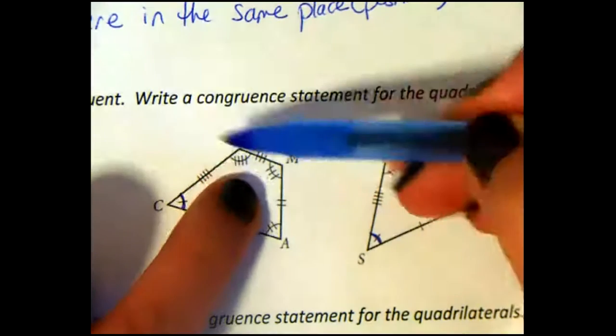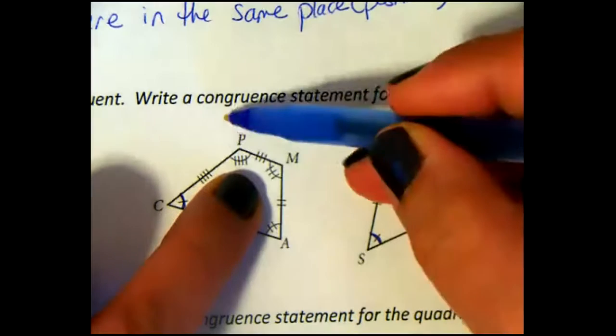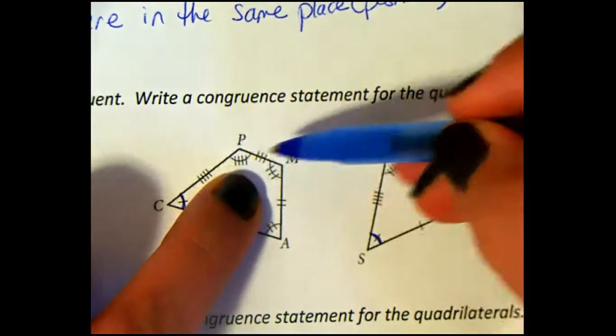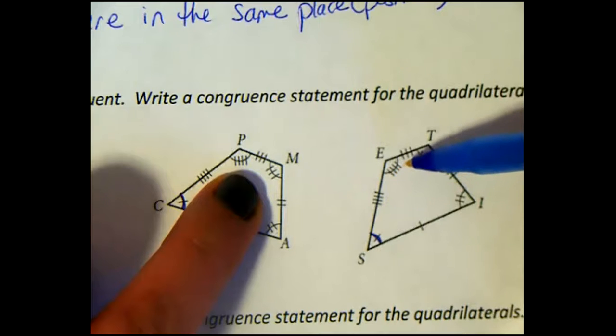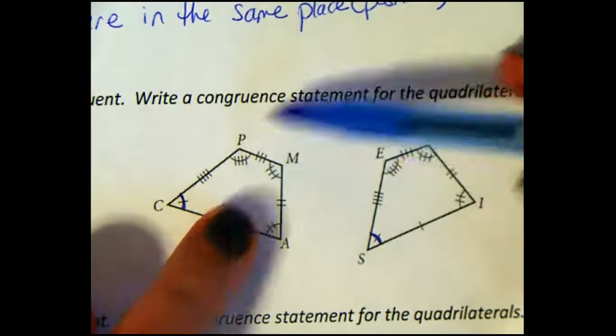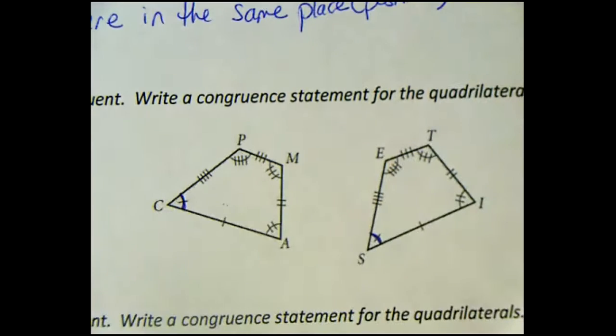Angle P has 1, 2, 3, 4, and angle E has 1, 2, 3, 4. So angle P is congruent to angle E. Similarly, so are the sides.